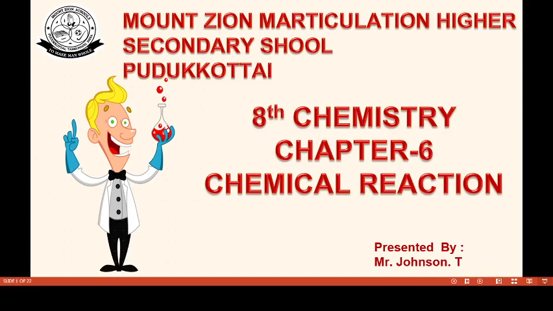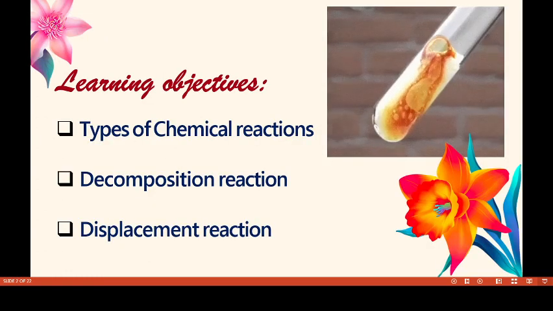Today in class we are going to discuss chapter 6, chemical reactions. There are four basic types of chemical reactions: combination reactions, decomposition reactions, displacement reactions and double displacement reactions.